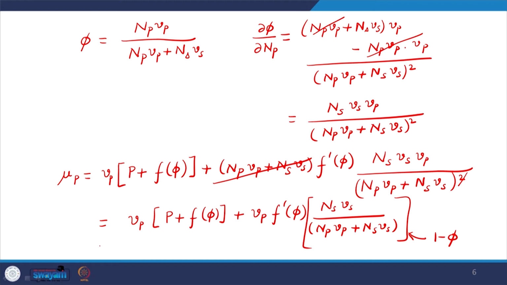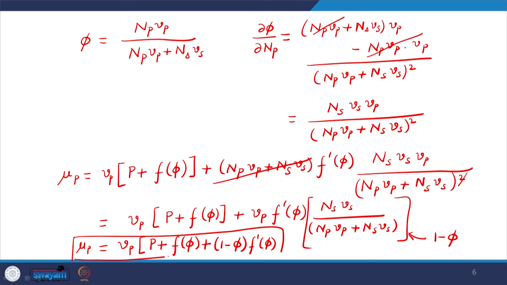So, therefore, what we have is V_p multiplied with P plus F of phi plus 1 minus phi F prime phi, that is the expression of my mu_p. So, now I can do the same exercise for the chemical potential of the solvent.